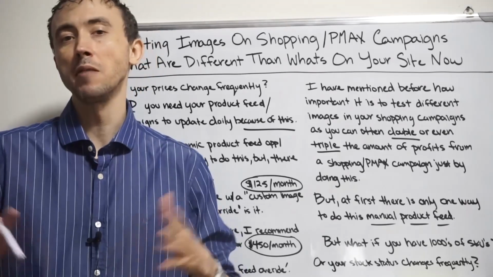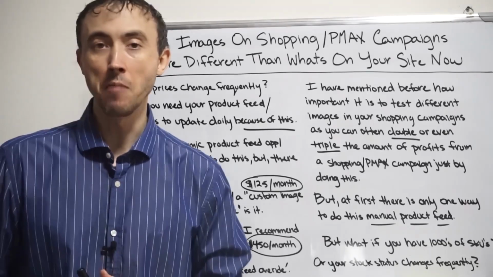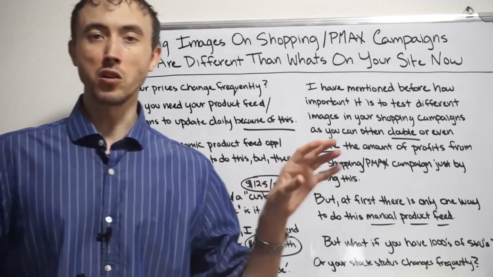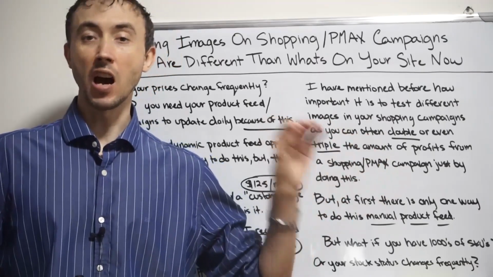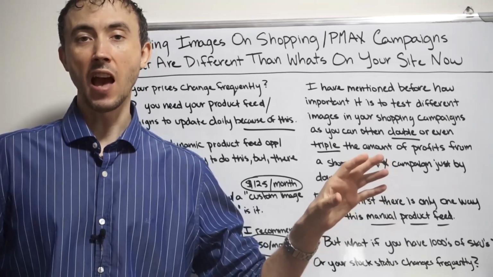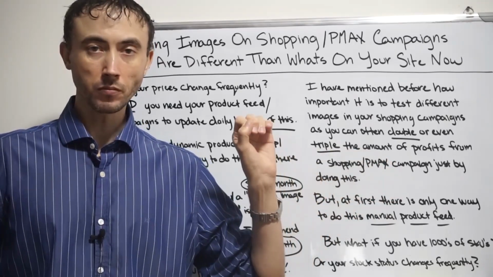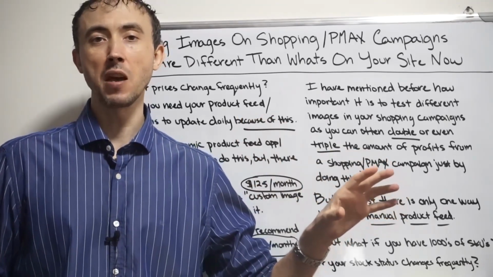Or we'll just say sometimes it's okay, but most of the time, what images are going to work good on Google search to get you a high click-through rate, and the higher the click-through rate on your shopping ad or image ad, the more profit your campaign's going to make.